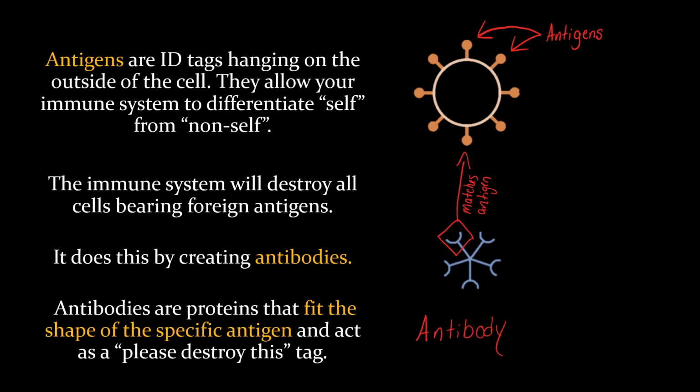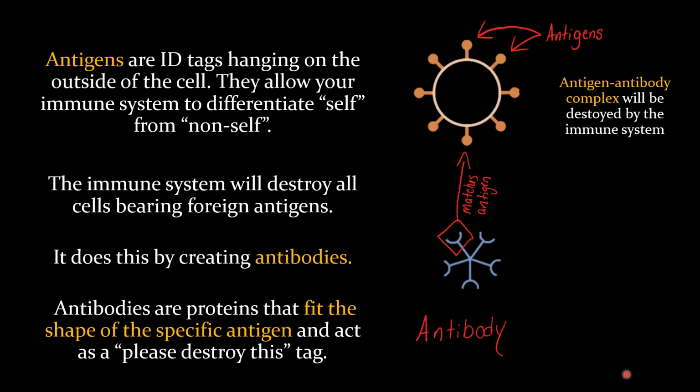When we have an antibody plus an antigen, what do we call that? We just call that an antigen-antibody complex, and that's what's going to get destroyed by the immune system. Now this antibody here, you can see it doesn't just have one receptor, which means it can bind to multiple antigens.